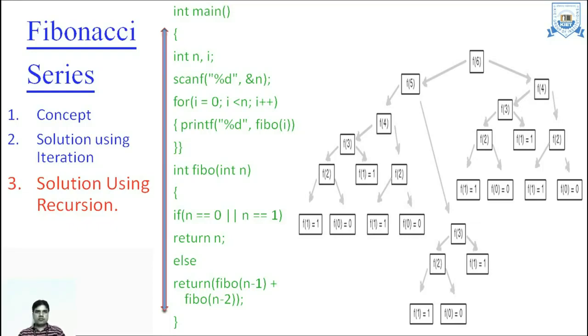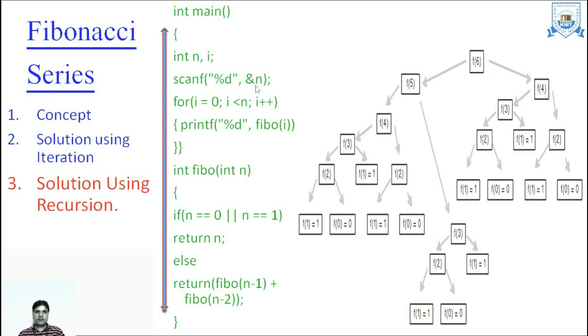In this case, if we want to solve the Fibonacci series, we can make use of recursion, because we need to find out the next term from the previous two terms. So in order to find the previous two terms, we can call the function recursively. Let us see how.